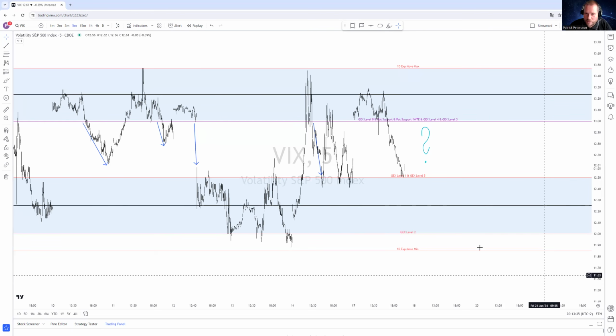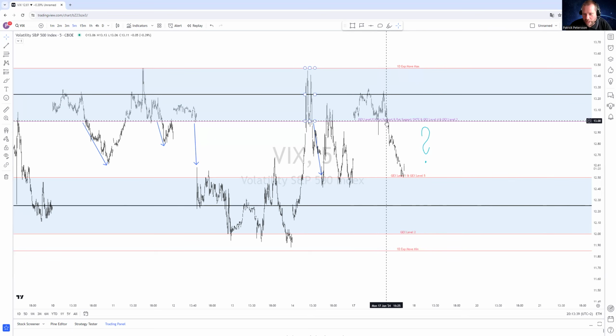If we have some main support area, here it was the put support, right when we break this, boom, we came all the way down to the VIX level 1, and now VIX level 1 is reacting as support. So it's magic. Most of the time, when we look at the VIX, we have one strong gamma level and the other gamma level reacting as a strong magnet, maybe to the downside, maybe to the upside.